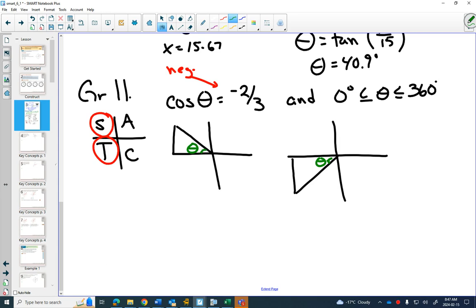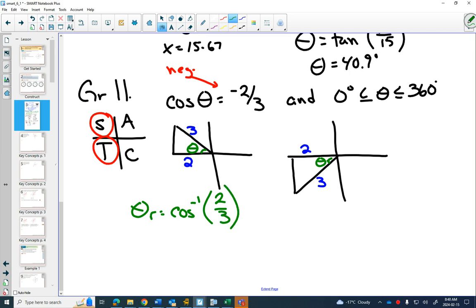And if cos is adjacent over hypotenuse, we could label this length would be 2, this length would be 3. Same thing here. Now this length is 2, this length is 3. If you go back to grade 10 math, could you find that angle? Absolutely. Right? In grade 10 math, I could find my reference angle by doing cos inverse of 2/3.